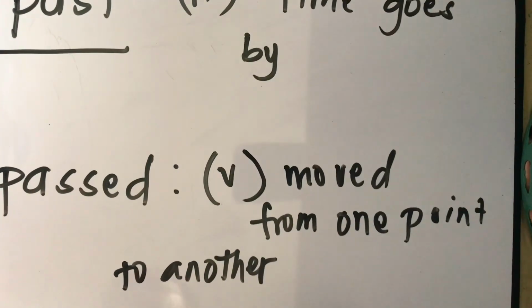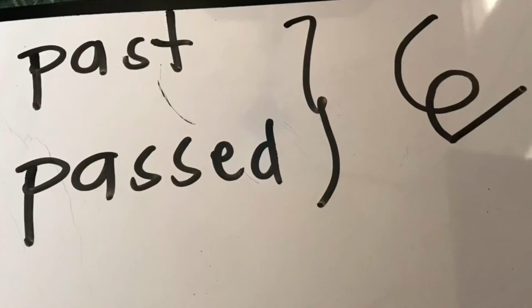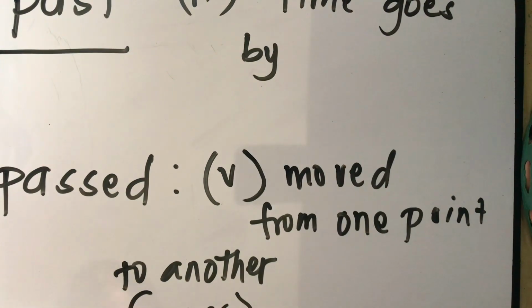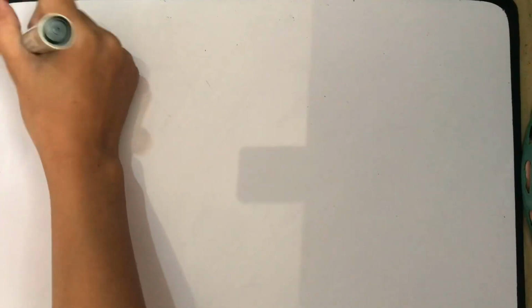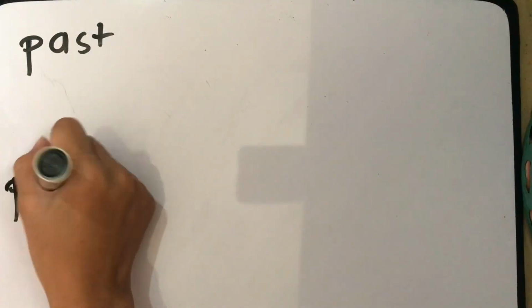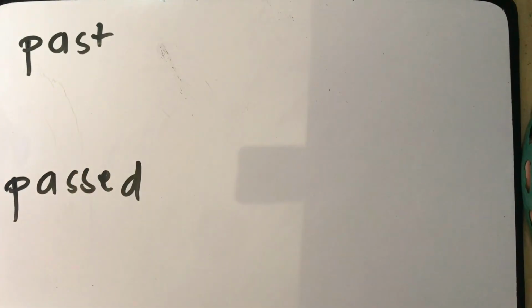So this is the past tense of pass. So let me give you an example. Past is a noun that refers to a time gone by or something used in an earlier time.